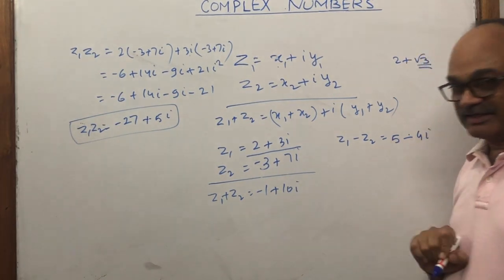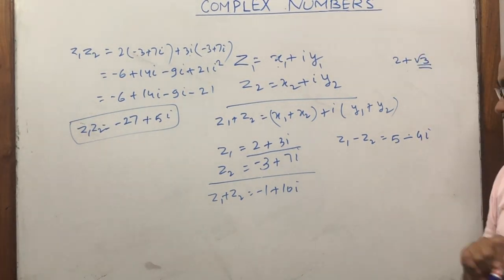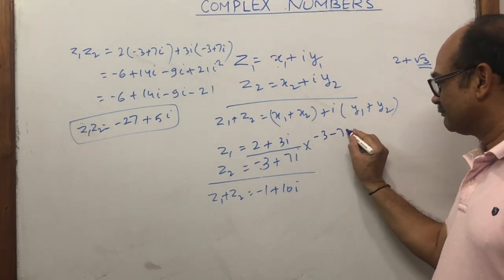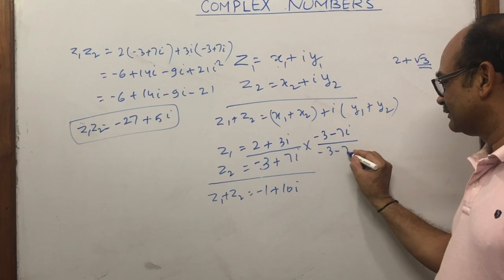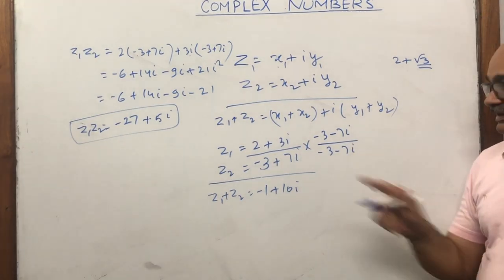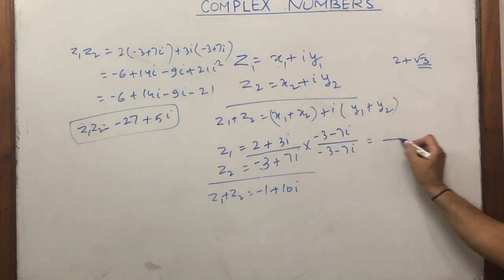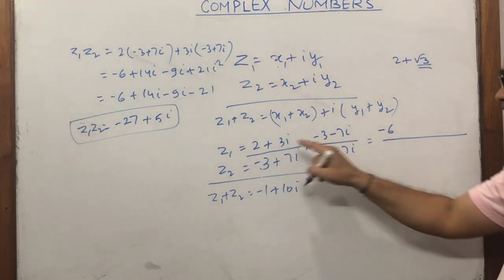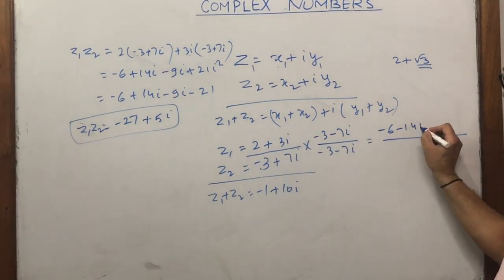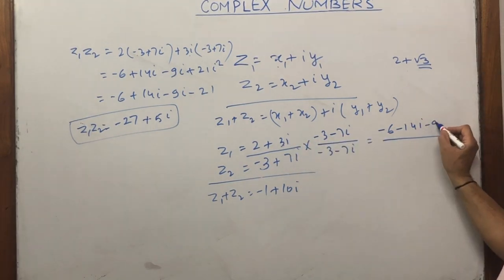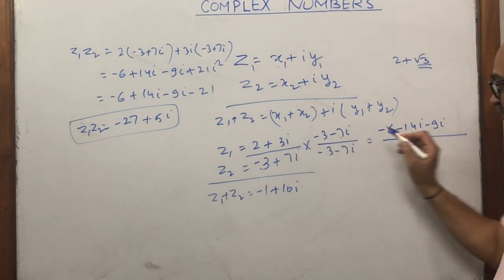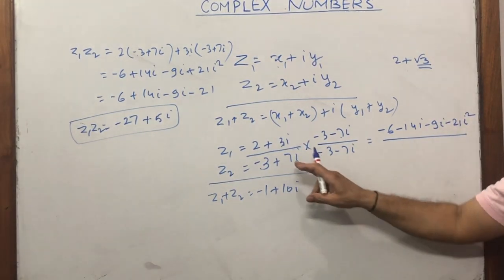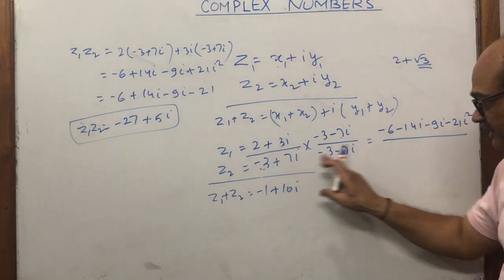What is the imaginary quantity? Minus 3 plus 7 iota. That's why we have to multiply by minus 3 minus 7 iota. Now the product: 2 into minus 3, 2 into 7, 3 into minus 3, and 3 into 7 minus 21 iota square.